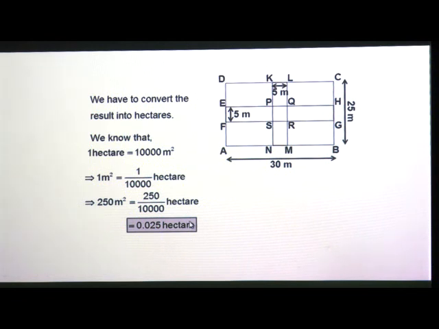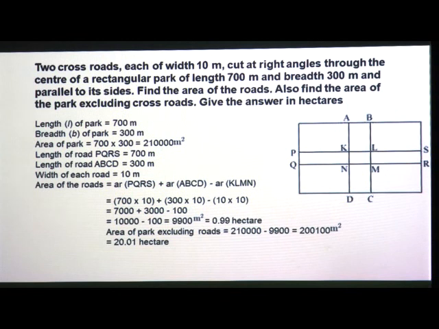We will see one more example. Two crossroads, each of width 10 meter, cut at right angles through the center of a rectangular park of length 700 meter and breadth 300 meter, and parallel to its sides.